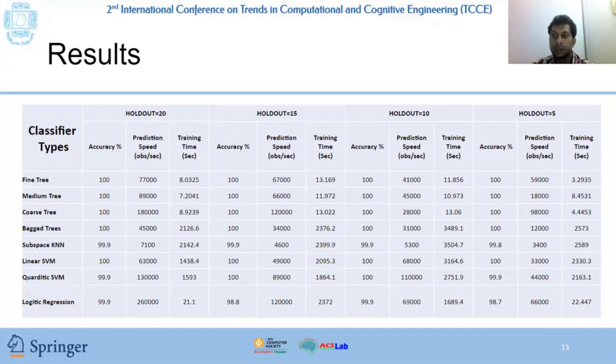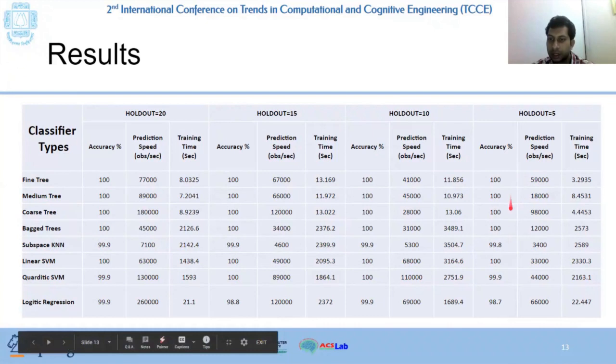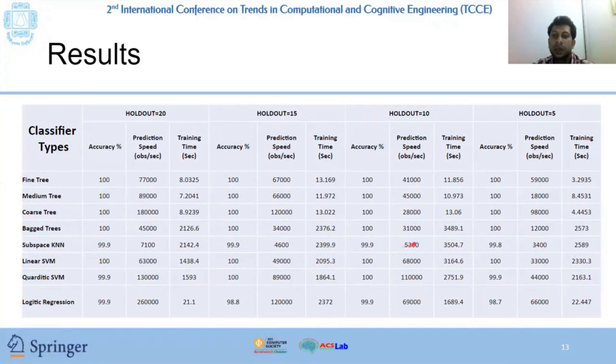Here we have the results which we obtained for different classifiers and for different holdouts. And we have seen that as the holdout decreases, the accuracy remains almost the same, that is 99.8%, but the prediction speeds and training times show some difference.